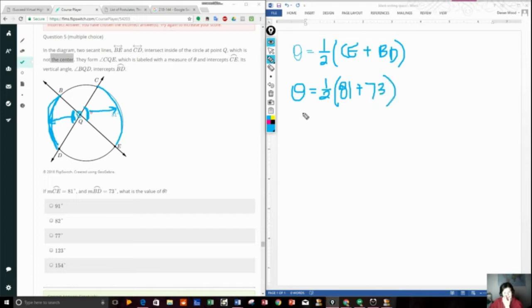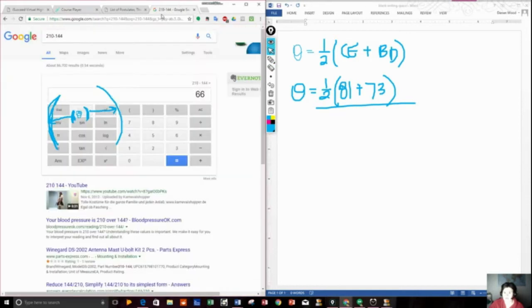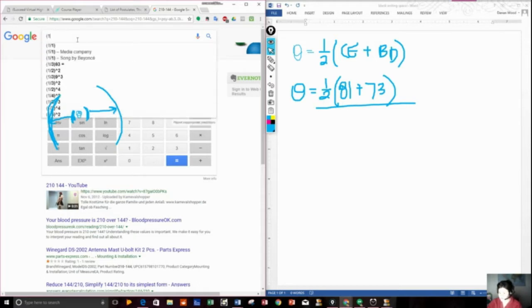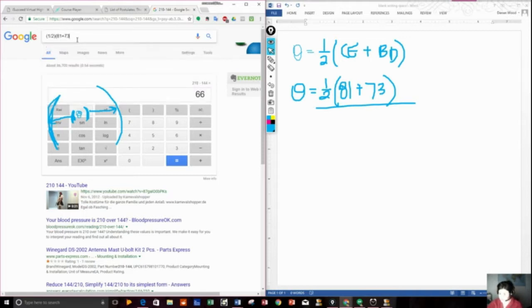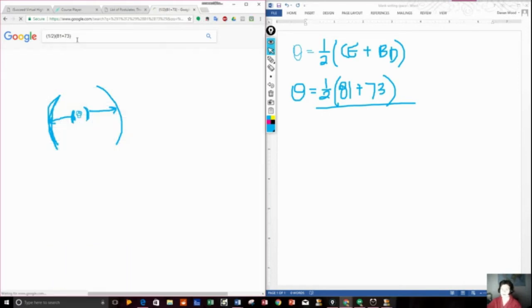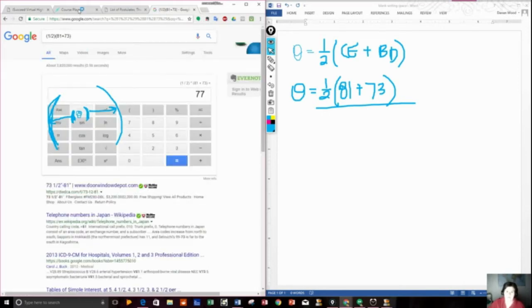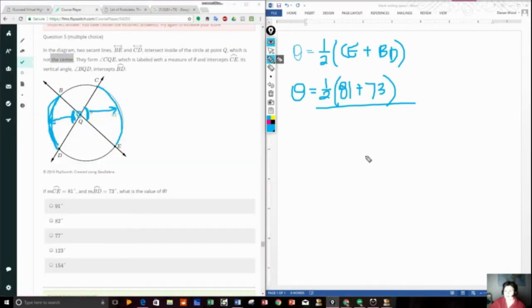Now I'm looking at this, we already have theta all by itself on the left and we only have numbers on the right, so then I'm going to go over to Google and type that in. 1/2 is 1 divided by 2 in parentheses, multiplied by 81 plus 73, which comes out to be 77.